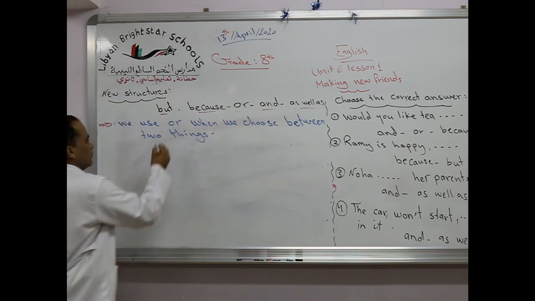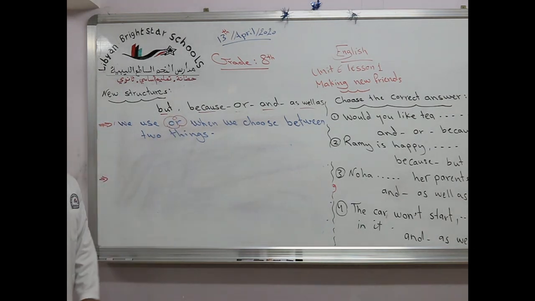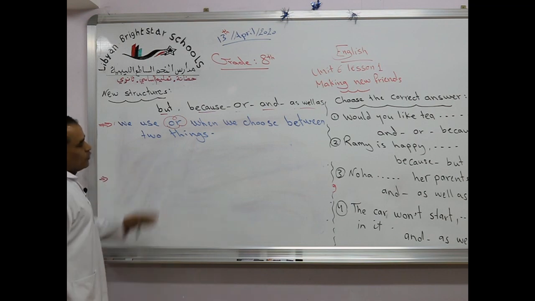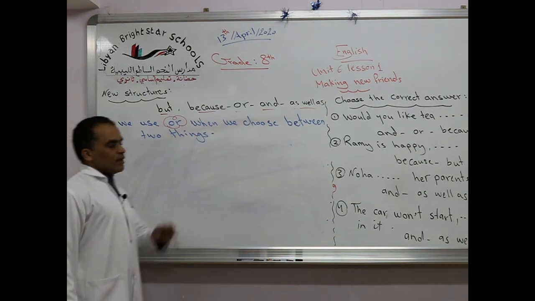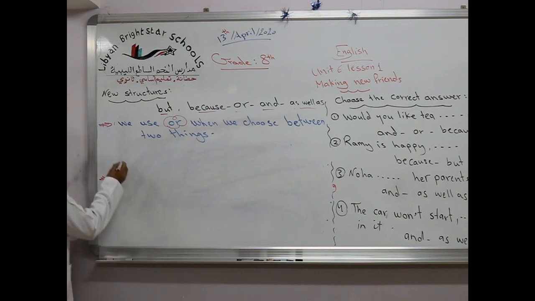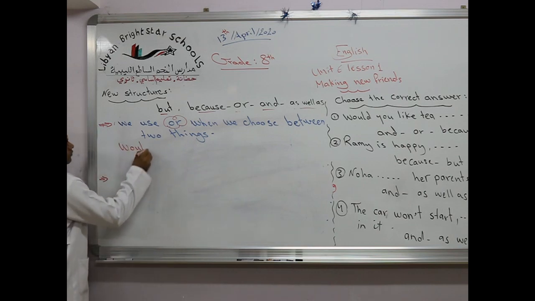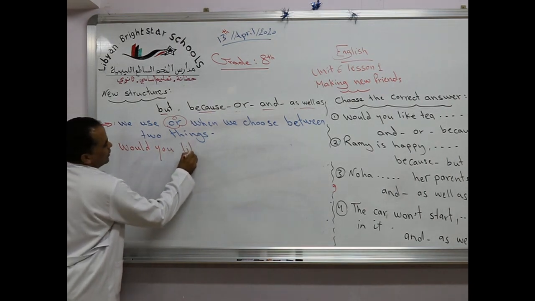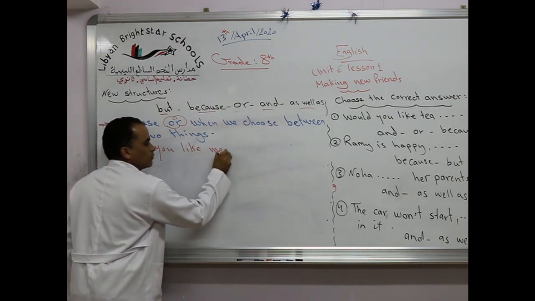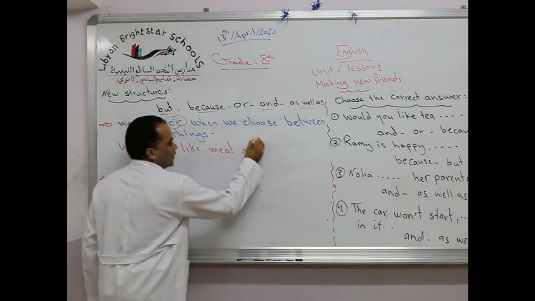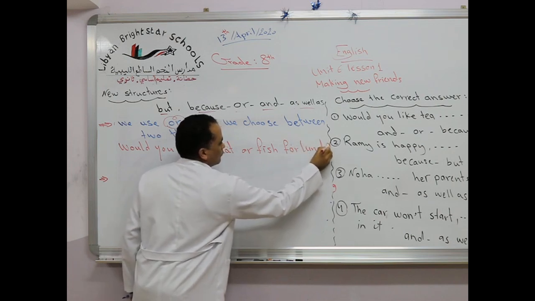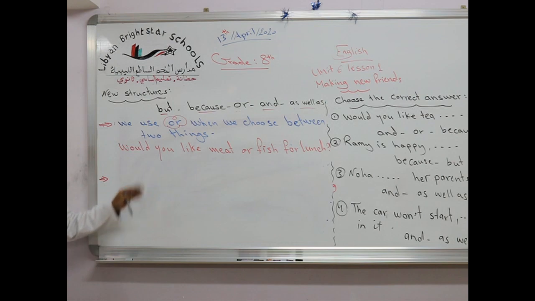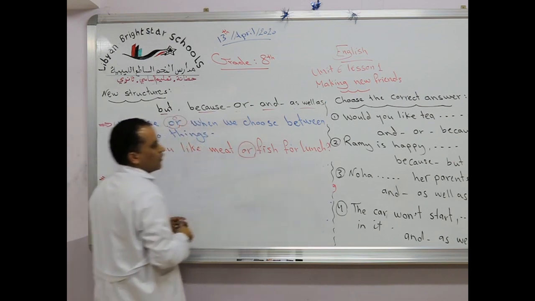We use or to give alternatives or to express choices. For example, would you like meat or fish for lunch? Would you like meat or fish for lunch?